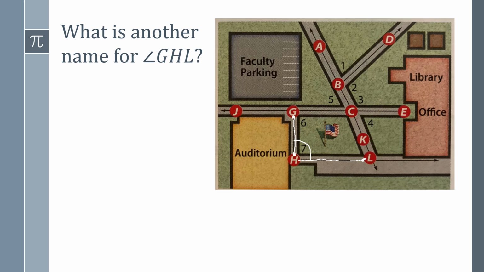All right. The most obvious and easiest one is the numbered angle there, angle 7. We can also reverse our letter positions, so that would be angle LHG. Both of those would be correct.